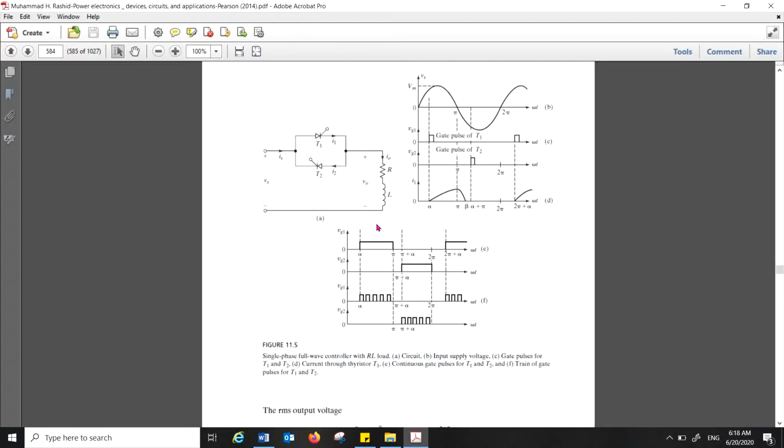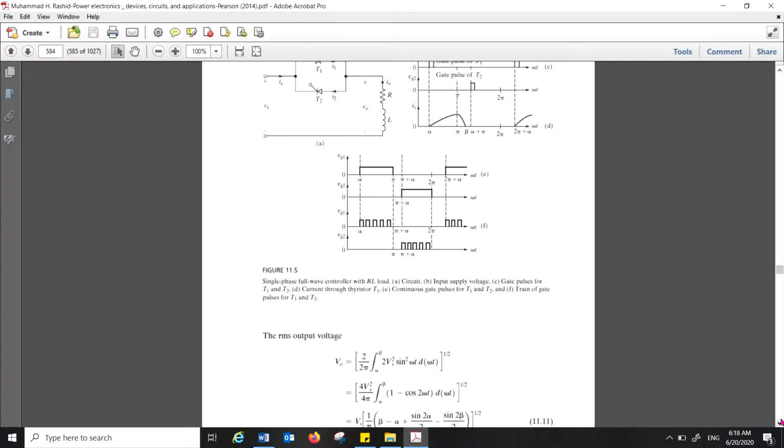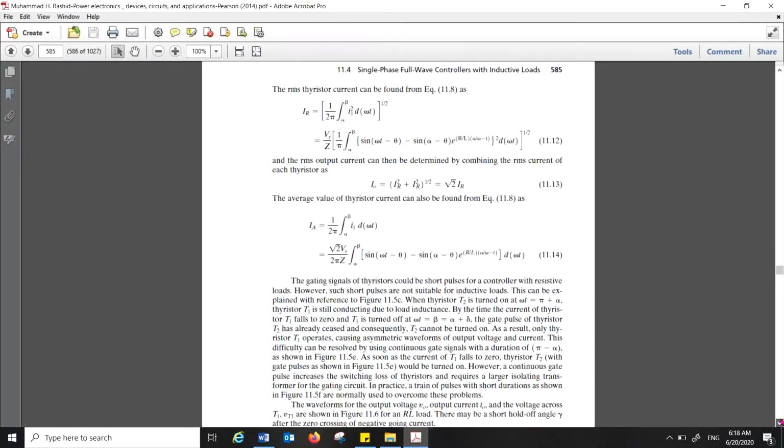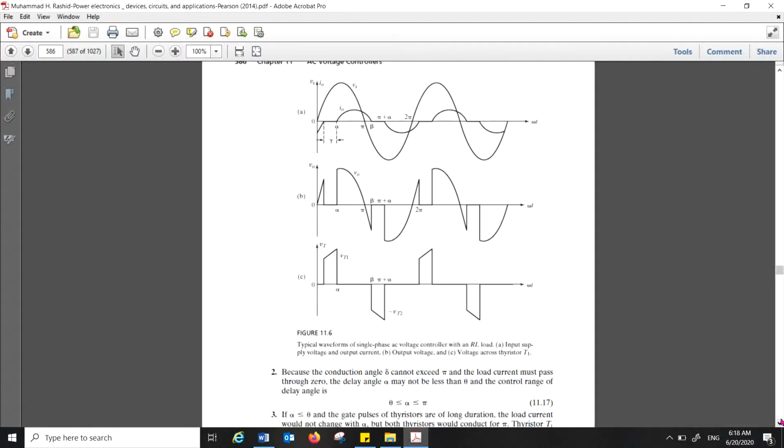Maybe you can skip this part. You need to have the understanding of this waveform only. We won't go into the detail of this inductive load anymore. The understanding is more important.